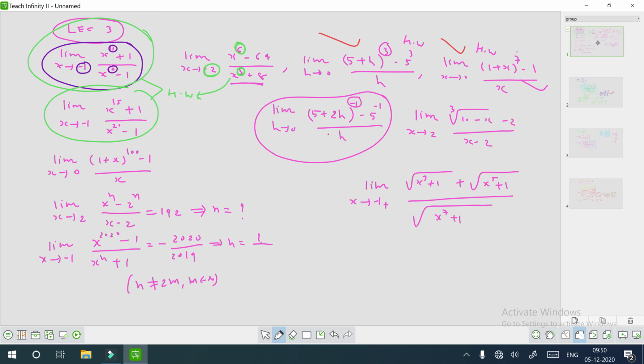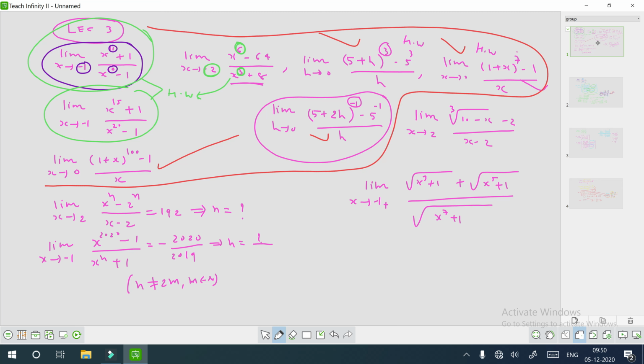Of course, this type is already solved. Of course, you can solve this question also. So up to this stage, these all are for you. I'm leaving them for homework. Now see, now let us see this type of sum.